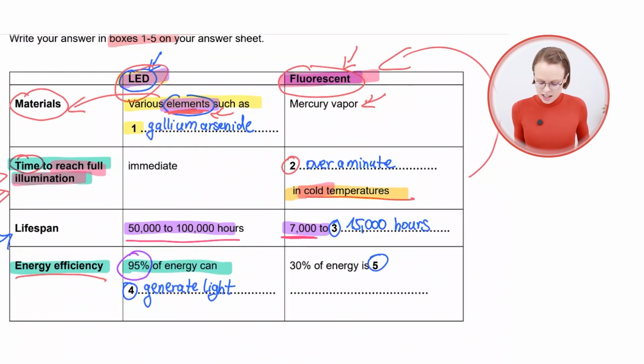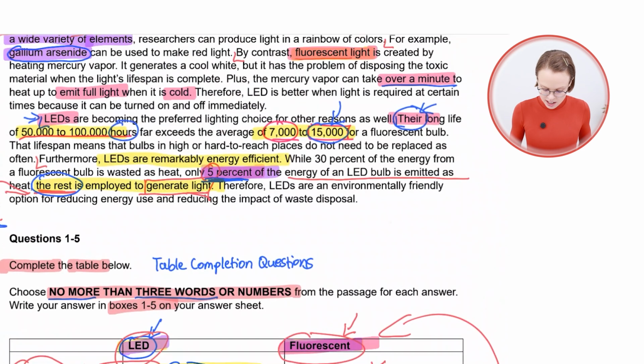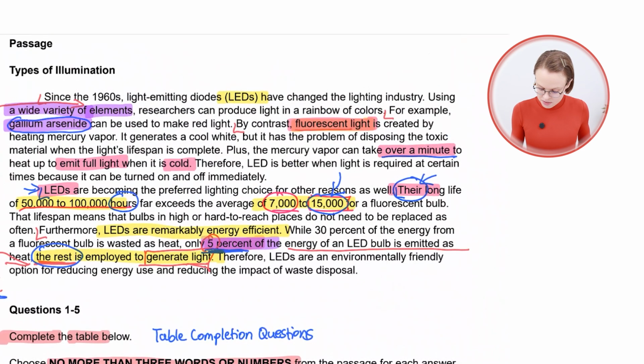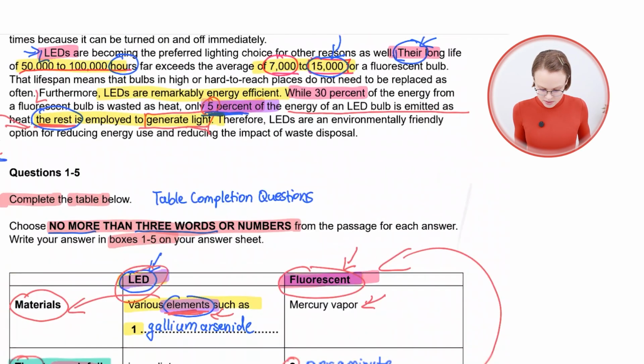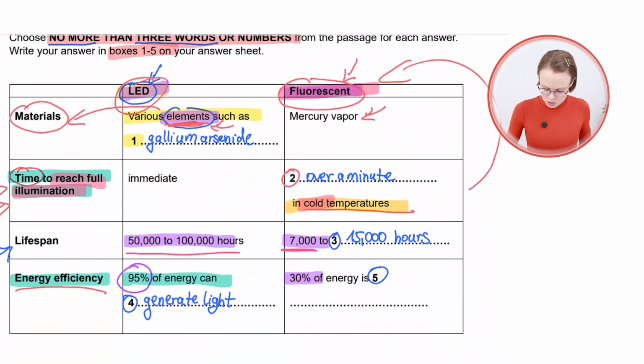Question number 5. 30% of energy is something. We are looking for 30% in the passage. Can we see this somewhere? Here. Here it says, while 30% of the energy from a fluorescent bulb is wasted as heat. So what happens with the 30%?